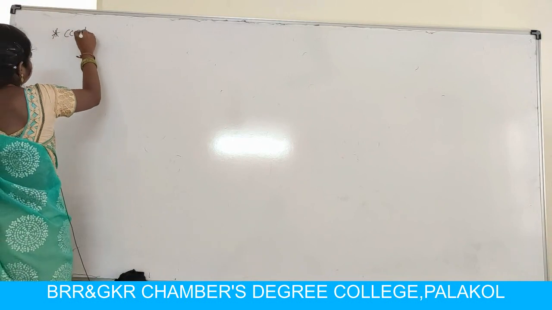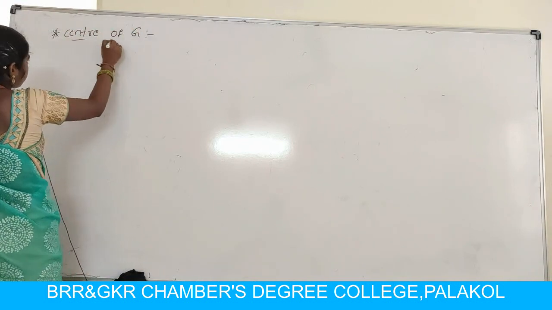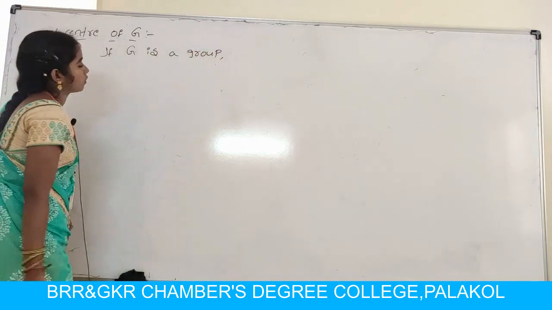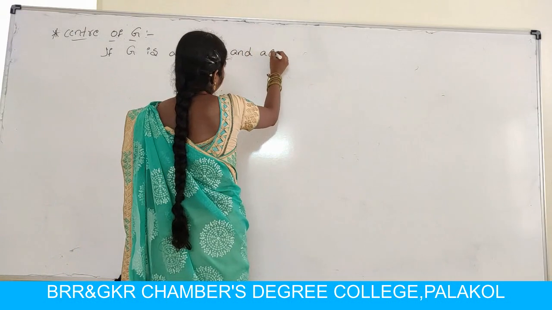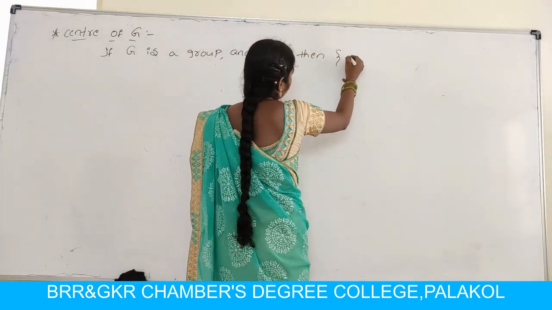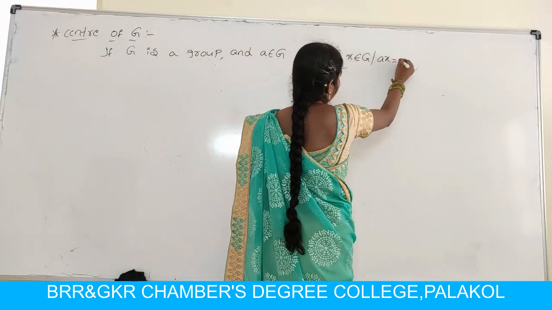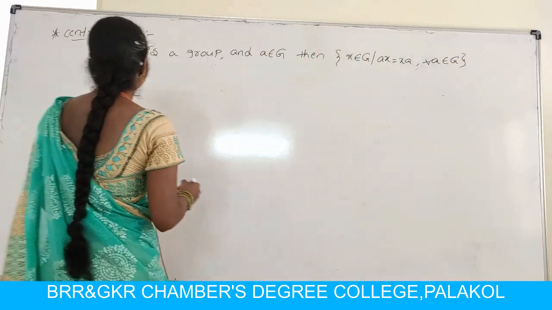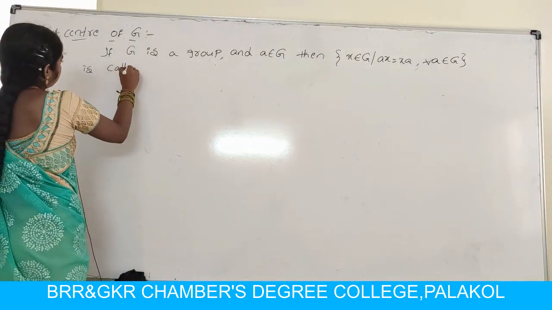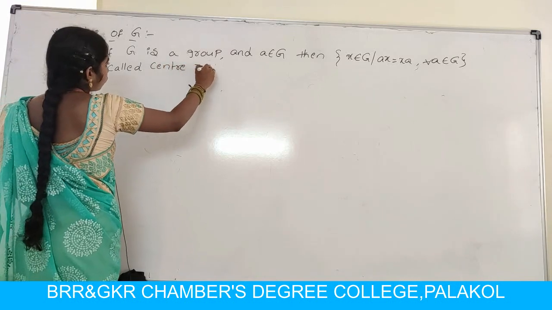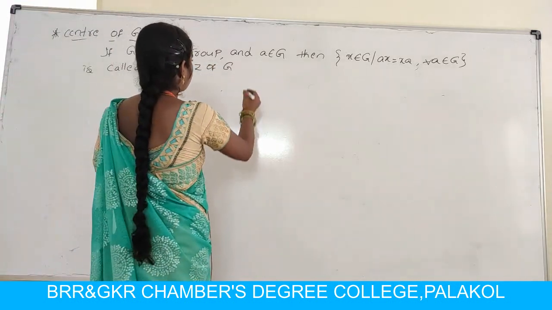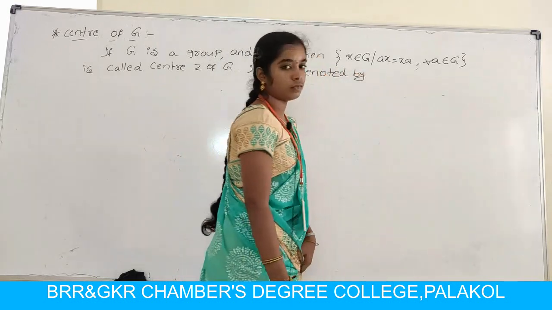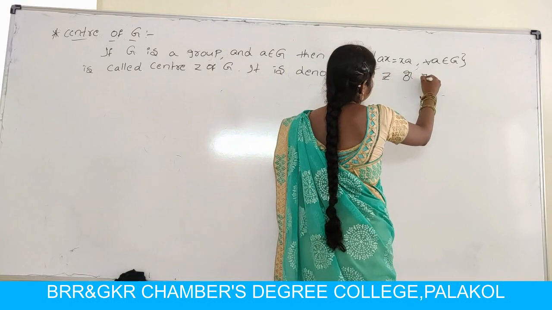If Z is a group and A belongs to Z, then the set of X belonging to Z such that AX equal to XA for all A belongs to Z is called the center of Z. It is denoted by Z or Z of Z.